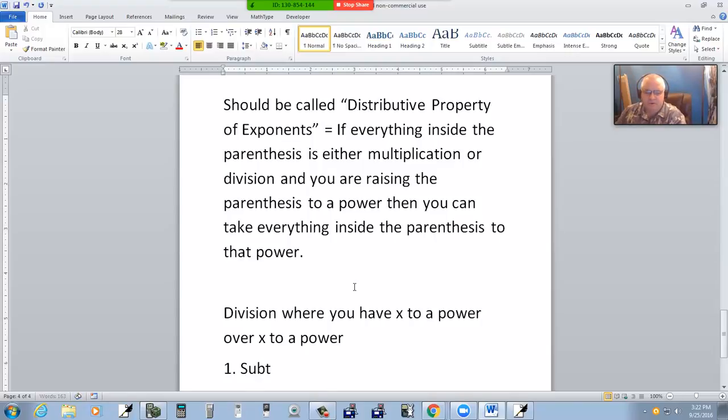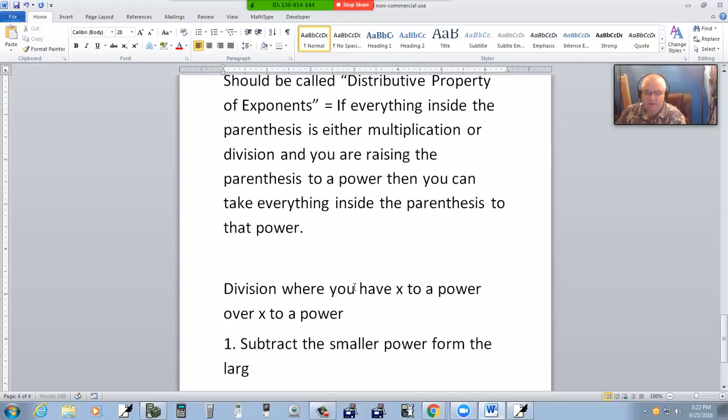What we do is we subtract the smaller power from the larger power over on the side.